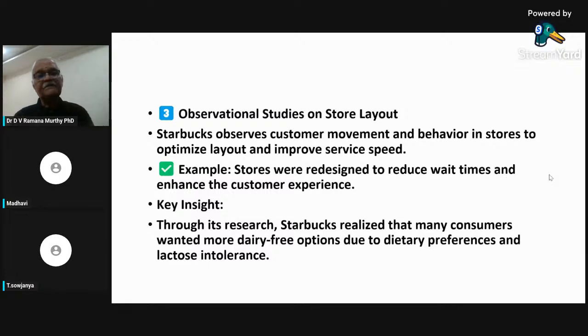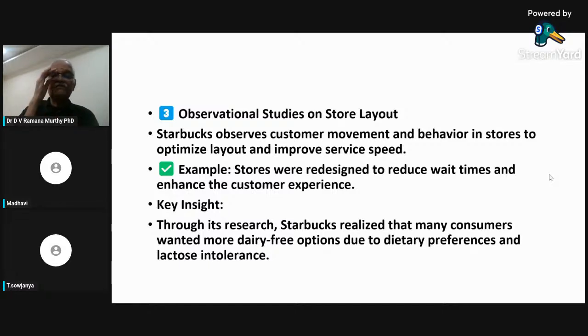The third important methodology that they use is observational studies on store layout. That means Starbucks has its own preferred stores, and Starbucks observes consumer movement and behavior in stores to optimize layout and improve service speed. That means the customers having entered a Starbucks store might be having some difficulties. The example here is stores were redesigned to reduce wait times and enhance customer experiences, meaning that they could observe that there are a lot of wait times.